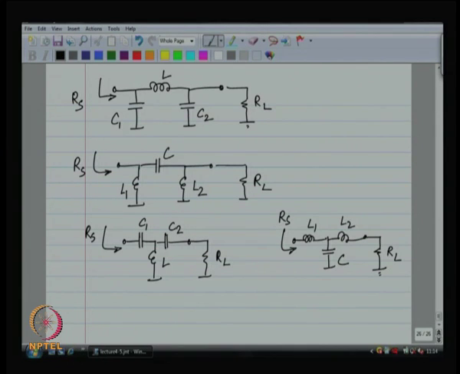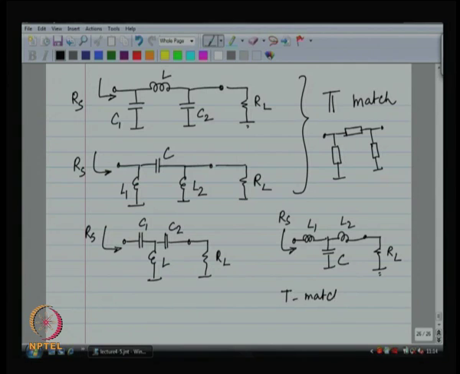So, these two are called the pi match, because somehow the matching network looks like the capital Greek pi, okay. This looks like the Greek capital pi, the letter pi, and the bottom two are called the T match, because they look like the capital T, alphabet T.